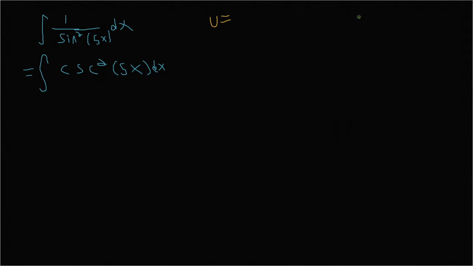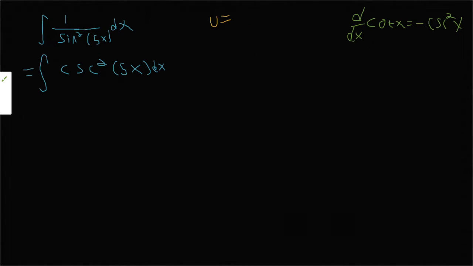I'll write that over here. So when I integrate this, we're not having to do two u subs, because the cosecant squared is encompassed by the fact that when you integrate it, it's cotangent.